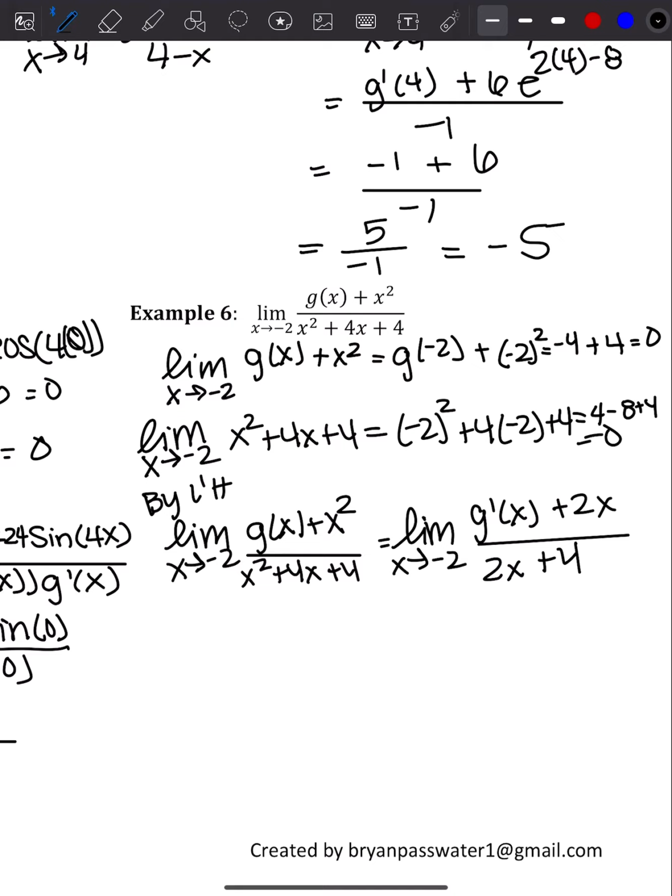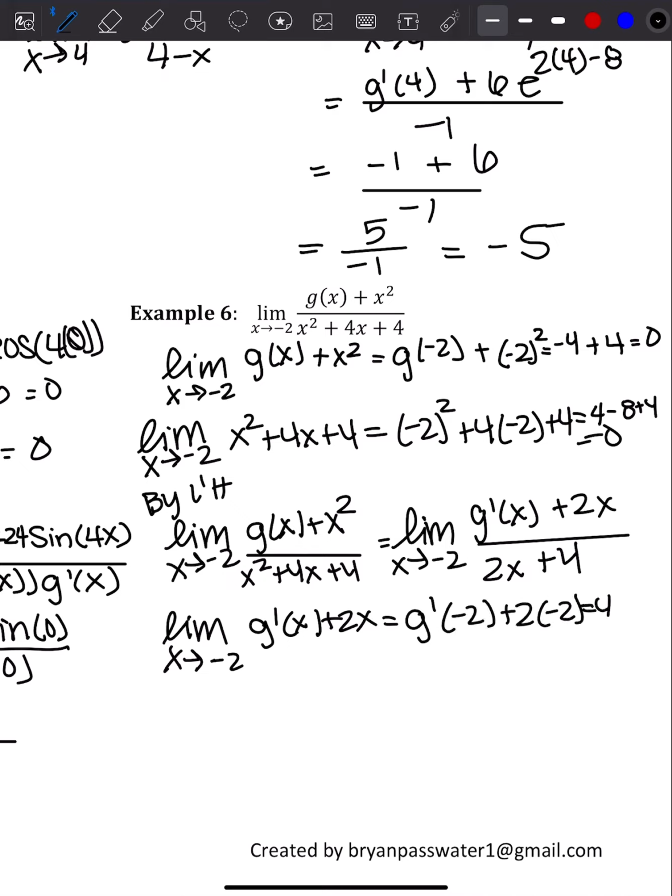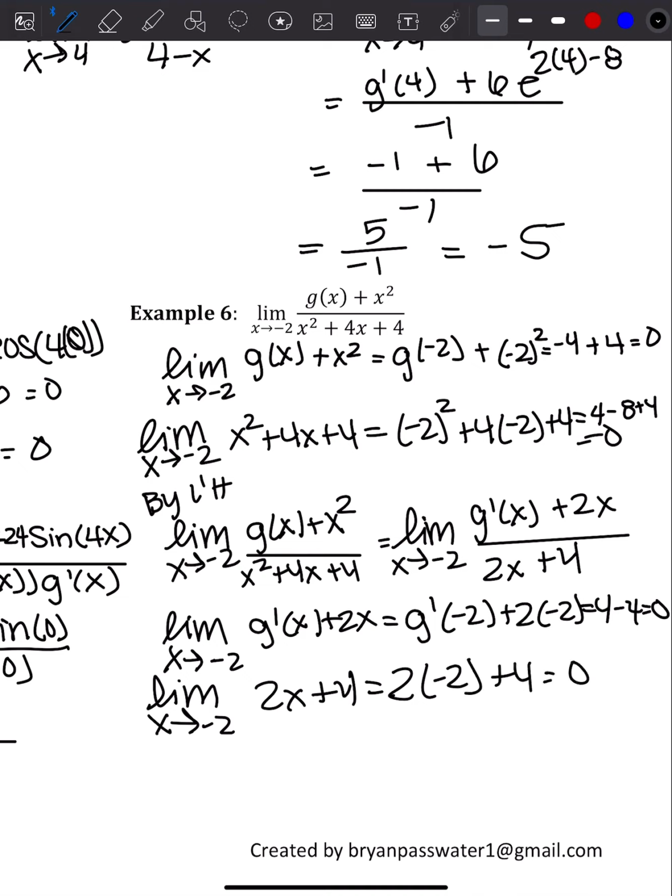So we're going to look at this separately again. So the limit as x approaches negative 2 of g prime of x plus 2x equals g prime of negative 2 plus 2 times negative 2. 4 minus 4 is equal to 0. The limit as x approaches negative 2 of 2x plus 4 equals 2 times negative 2 plus 4, which equals 0.